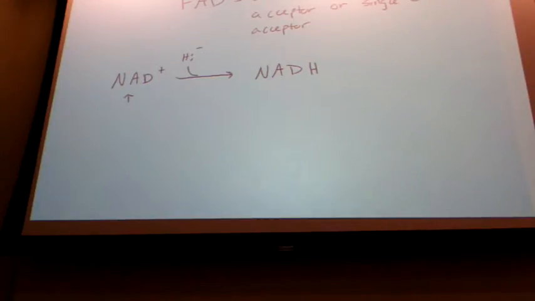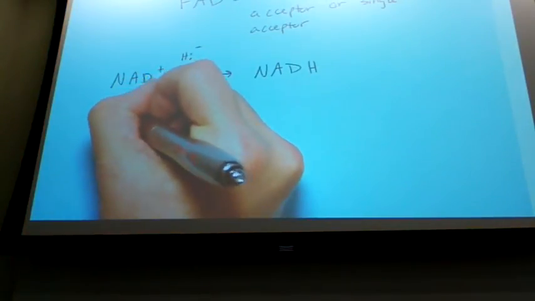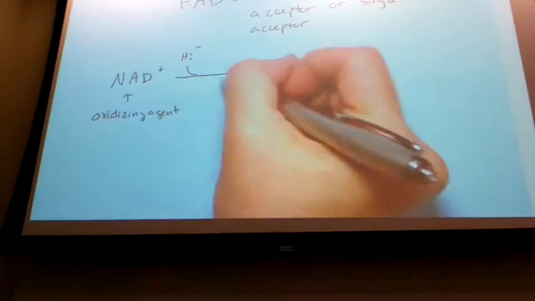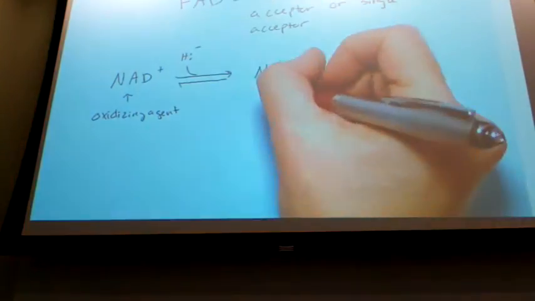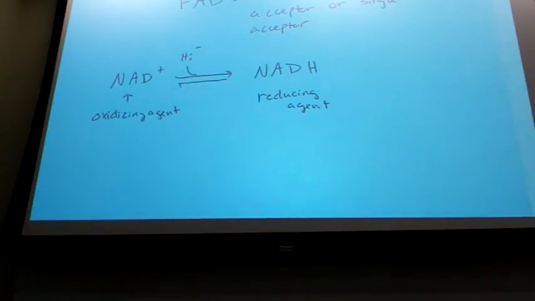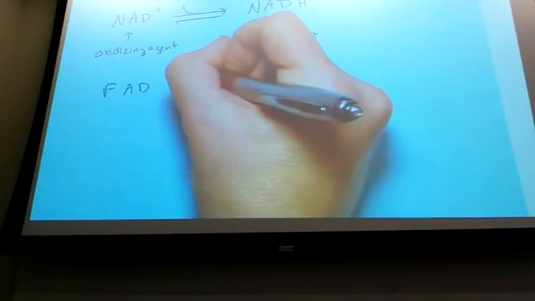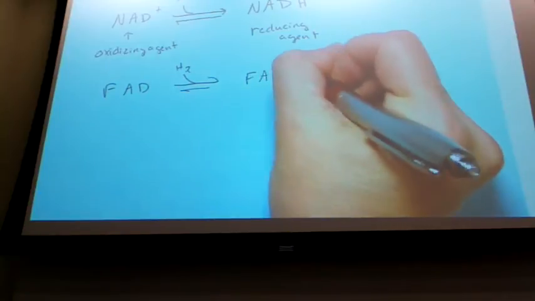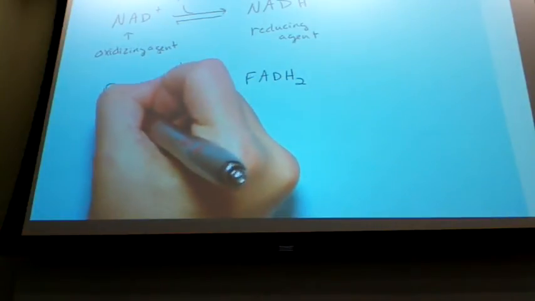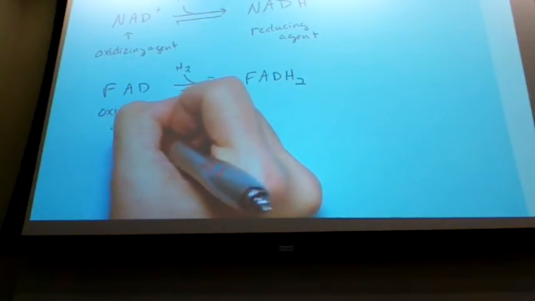If I am accepting electrons and getting reduced, then I am an oxidizing agent. If I already have the electrons and I can give them up, because I could go back the other way, then I am a reducing agent. FAD, and we'll show hydrogen coming in. Reducing agent.